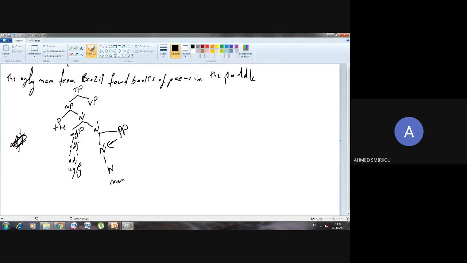So continue from Brazil. This preposition phrase: under PP, P bar, P, from. Preposition from, and NP.